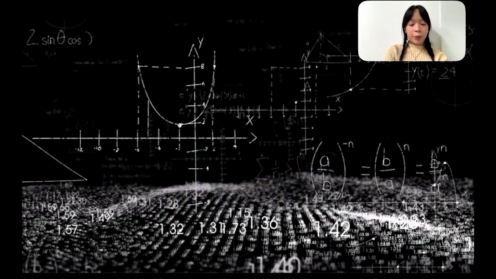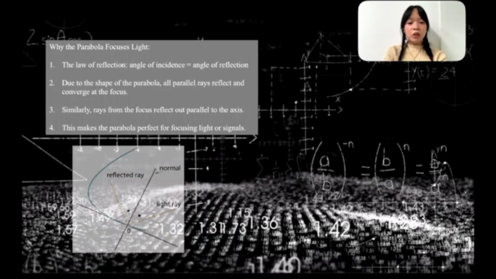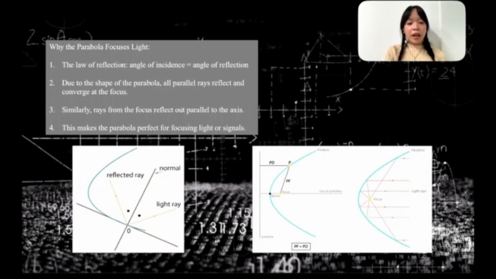So why does the parabola have this special optical property? Why do all parallel rays reflect through a single point, and why do rays from that point reflect outward in parallel? The answer begins with a fundamental principle in optics known as the law of reflection.